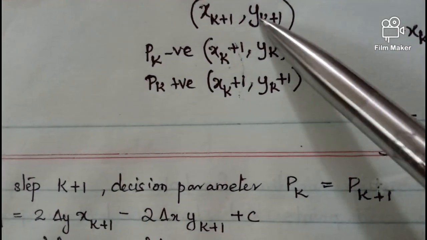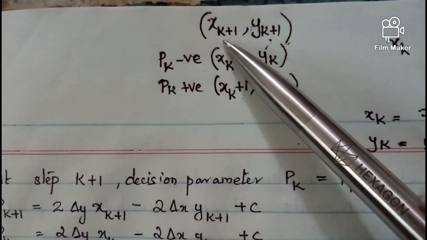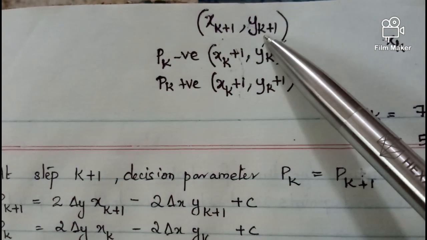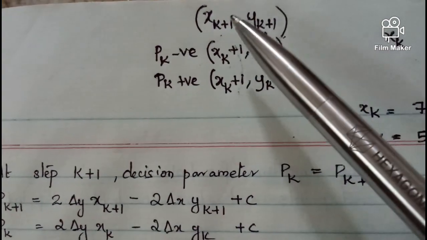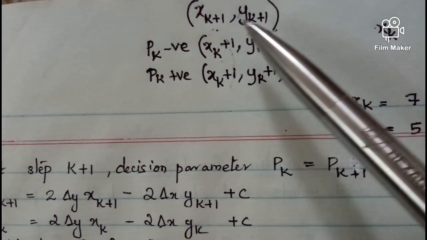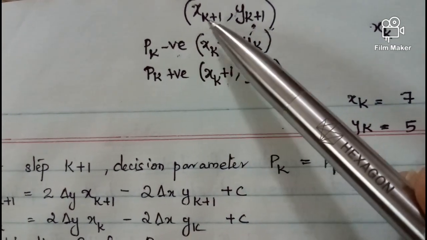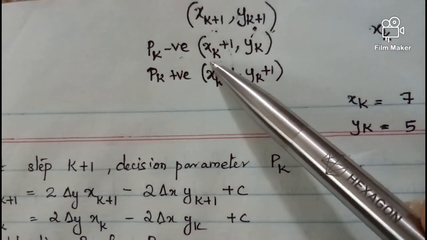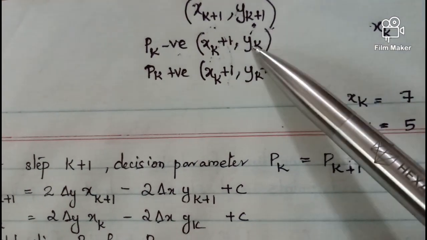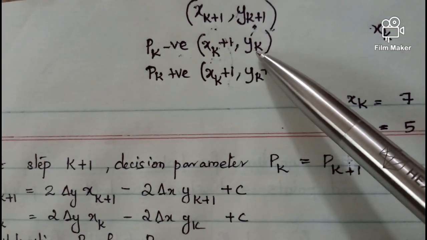Now what does this mean? xk plus 1 and yk plus 1. xk plus 1 means the next value of x, and yk plus 1 means the next value of y. So we are going to find the next value of x and the next value of y. How? We have already said that if the value of pk is negative, then the next value of x will be the current value of x plus 1, and the next value of y will be the current value of y itself, that is yk itself.